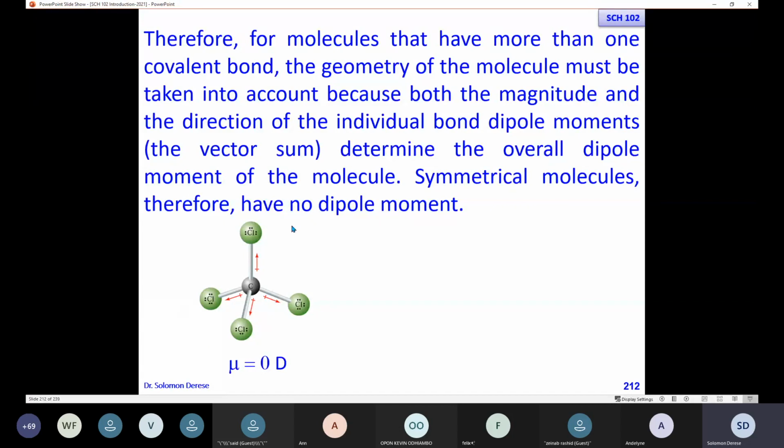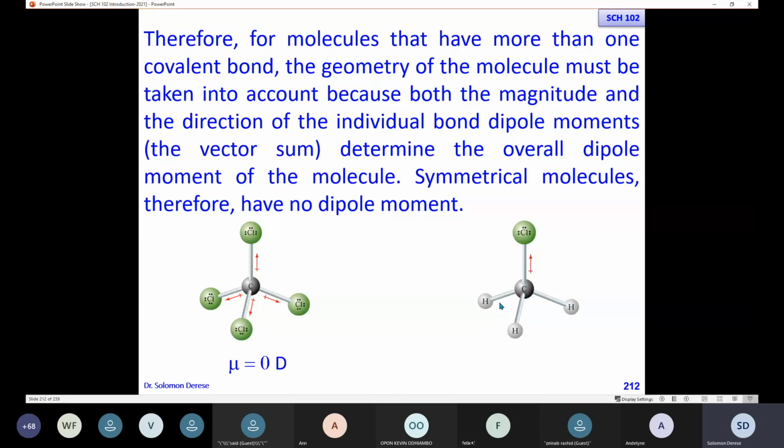However, the moment you change one of the atoms, for example, if I have hydrogen here and make one of them chlorine, as in the case of this one, the situation changes. Because in the previous case, the bond moments were in opposite directions, but this one is different. Here, of course, this is the carbon-chlorine bond. Chlorine is more electronegative than carbon, so the bond moment goes from the carbon to the chlorine.